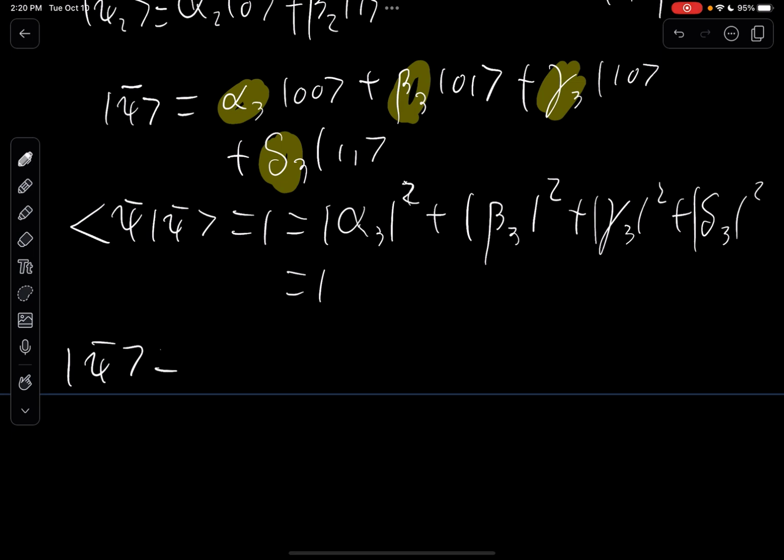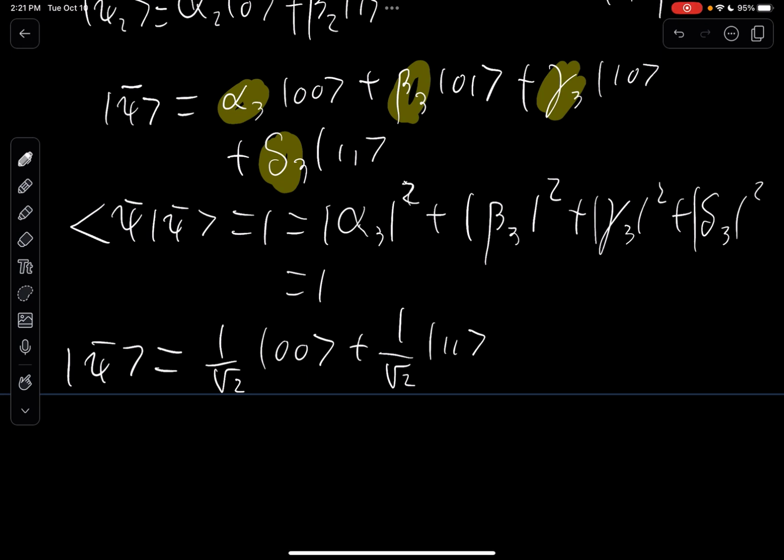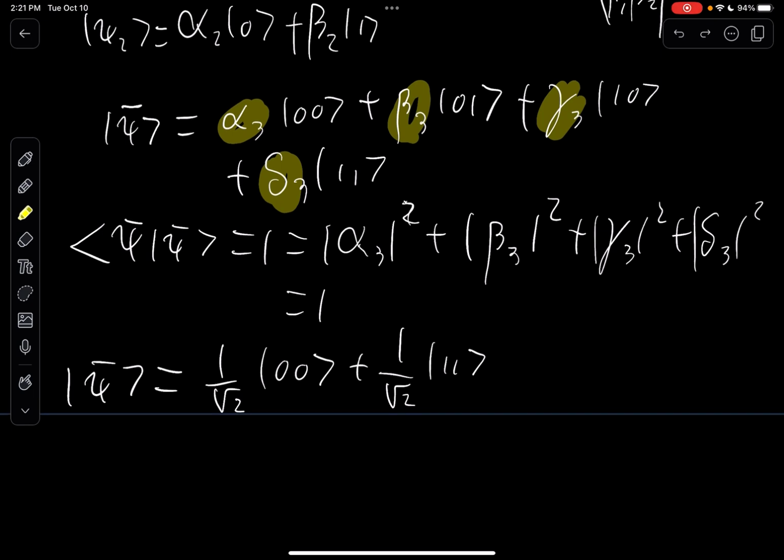Now psi bar is given by 1 over square root 2 times |00>. So alpha 3 is equal to 1 over square root 2. And now the next 2 terms are 0. And then the term from the |11> is also 1 over square root 2. Well, this is most definitely a state in the sense that when we take the absolute value squared of this guy, sum it with the absolute value squared of this guy, we get a 1. So it satisfies this constraint that we see here up above, right?